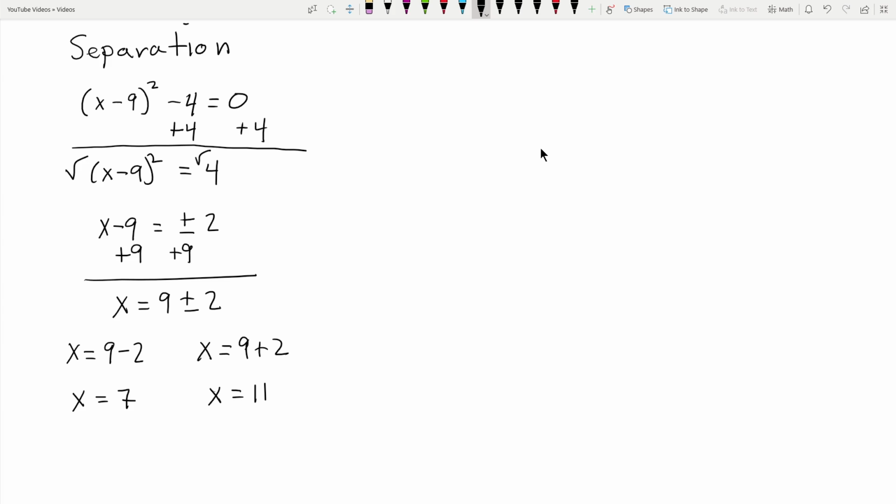All right, now I want to check this, and I'm going to go all the way back to the original equation, just like before. All right, so let's see. X is, let's start with 7. So we go 7 minus 9 squared minus 4.